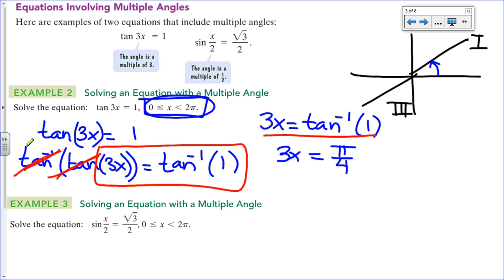Or, what is this angle right here? It will be pi over 4 past pi. Pi over 4, very good. Okay. But you guys notice how the angle is still 3x? Now I can divide by 3.